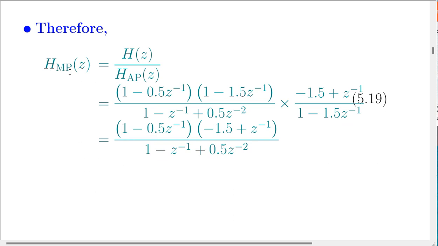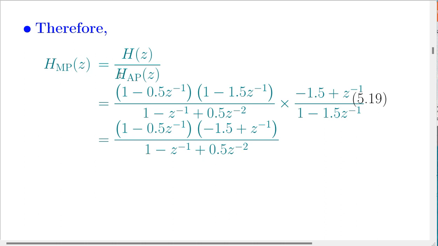Okay, therefore, what is left for minimum phase? H minimum phase of z will be equal to h of z over h all pass of z, which will be equal to 1 minus 0.5 z^-1, the acceptable zero inside the unit circle, times the unwanted zero, over 1 minus z^-1 plus 0.5 z^-2, times (minus 1.5 plus z^-1) over (1 minus 1.5 z^-1).